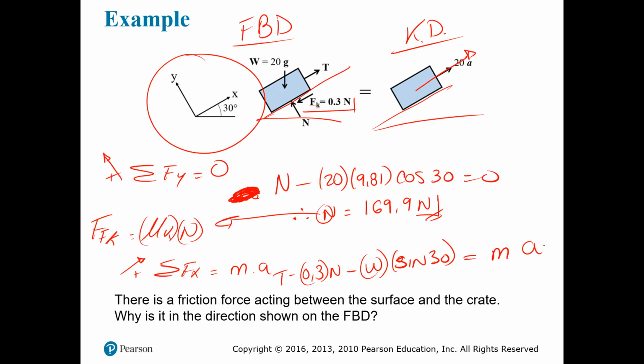So now when you see this, you know that this is given because you have the normal force. This you can also calculate because it's 20 times 9.81 times sine of 30.